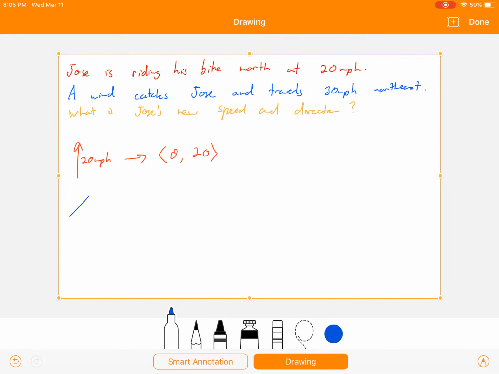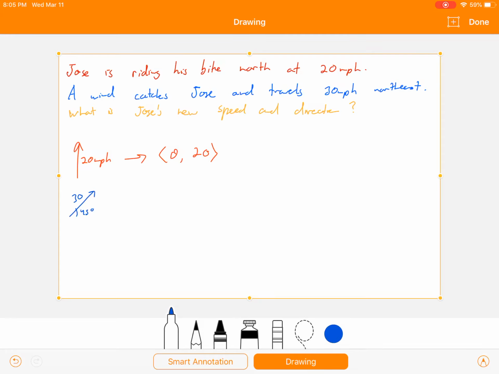If we were to draw it out, the wind looks something like this. So this is 30 miles an hour. One thing I reminded many of you about, and you asked me about it on the study guide as well, is that if you're going perfectly northeast, you want to think of that as a 45-degree angle.